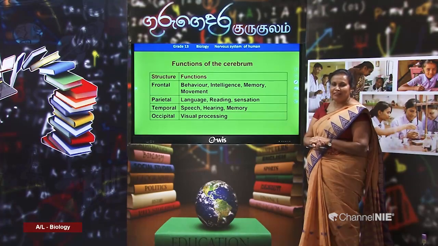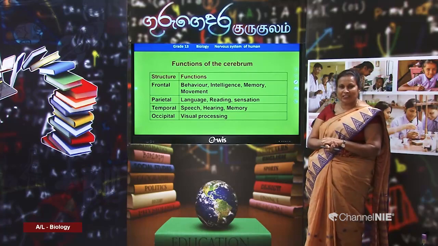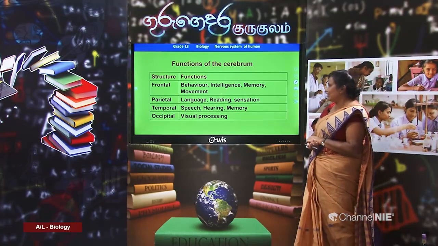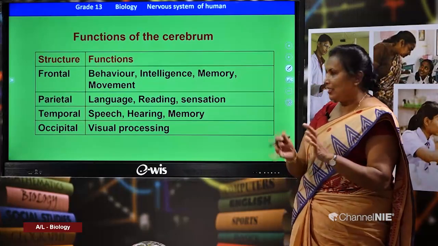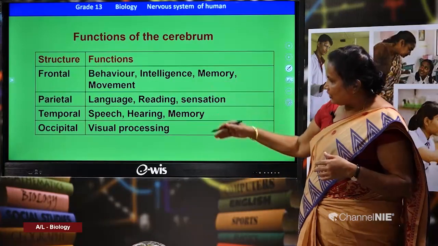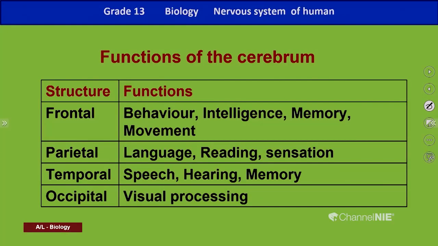Okay, children, we are going to study the functions of the cerebrum. It's given in a very convenient way, in tabulated form: structure of the cerebrum: frontal, parietal, temporal, and occipital. You can see the major functions are given. In the frontal region: behavior, intelligence, memory, movements. Those are coordinated by the frontal region.